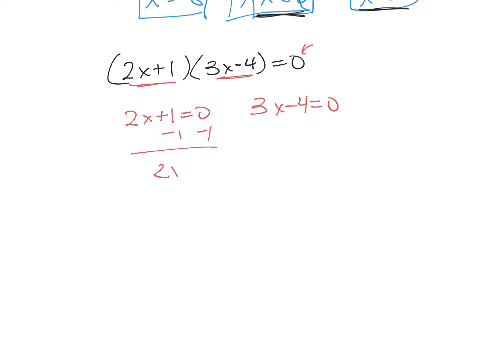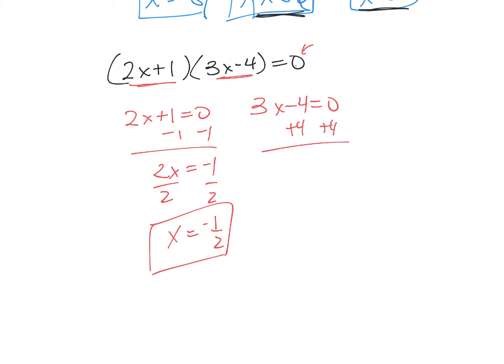Subtract the 1, so 2x equals negative 1, divide by 2, so x equals negative 1/2, when y is 0. Then I add the 4, so 3x equals 4, divide by 3, and x equals 4/3.